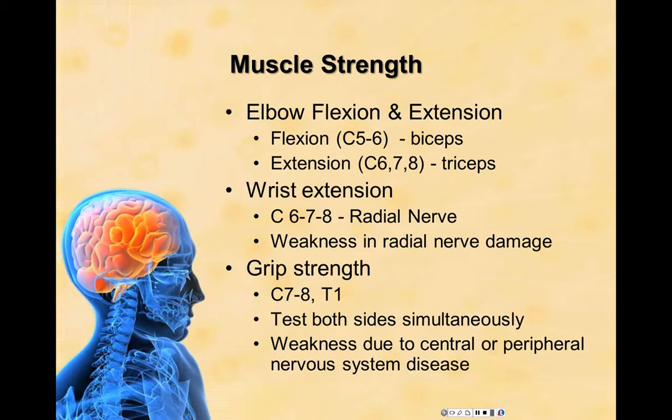Grip strength, we're checking C7, 8, and T1. We want to check both sides simultaneously to evaluate strength by having them grip your fingers together. Weakness due to central or peripheral nervous system disease would be an indication of an asymmetrical grip strength.